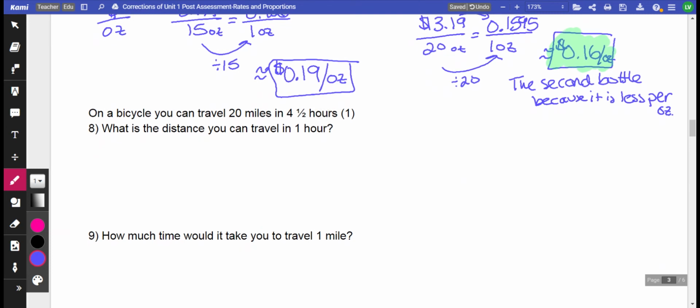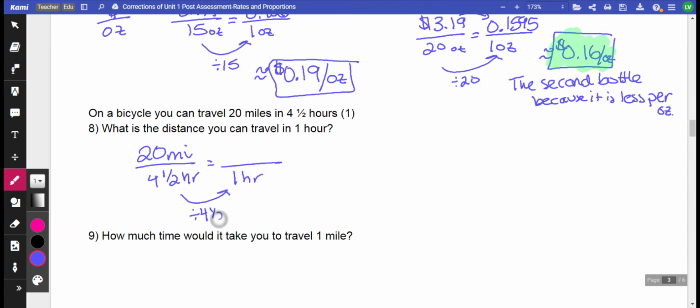All right, number 8. On a bicycle, you can travel 20 miles in 4.5 hours. What is the distance you can travel in 1 hour? Well, let's put the ratio of 20 miles in 4.5 hours. It wants to know for 1 hour.